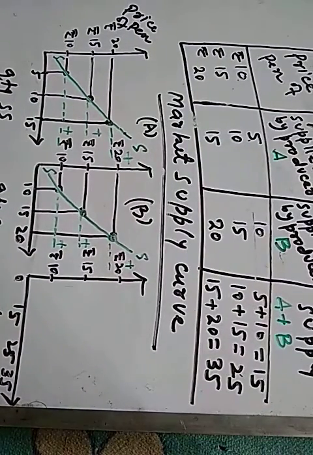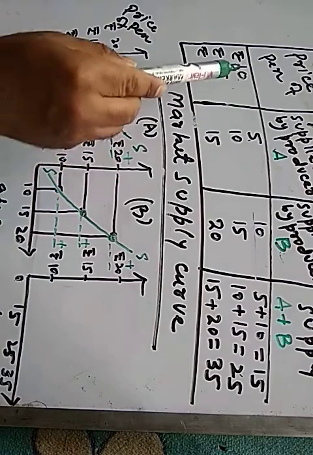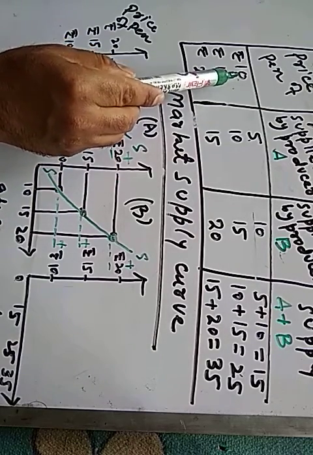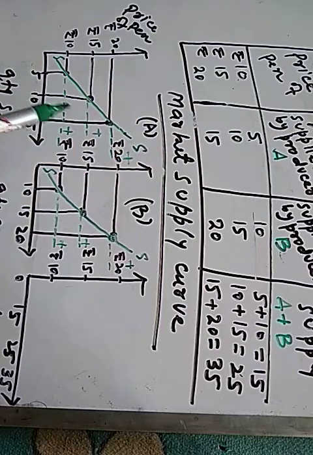Now when the price is 10 rupees, supply by producer A is 5 units, and at the same price quantity supplied by producer B is 10 units. 5 plus 10, here horizontal summation.